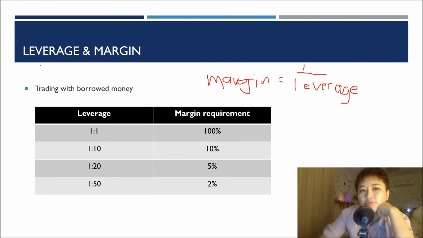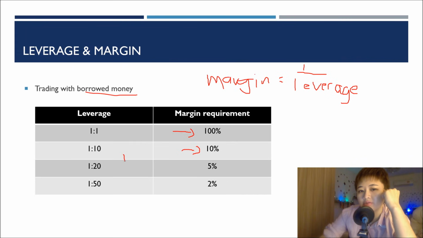As you already know, when you're trading with leverage, you are essentially trading with borrowed money. So this means that if you're using a leverage of 1:1, you need a margin of 100%. If you're using a leverage of 1:10, 1 divided by 10 times 100 gives you a 10% margin requirement.